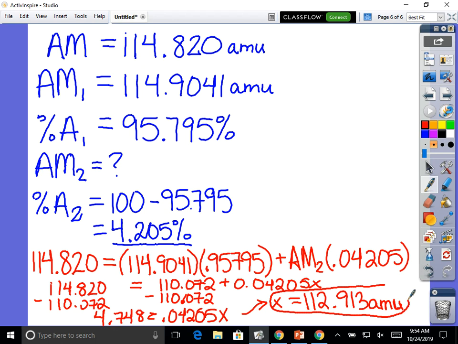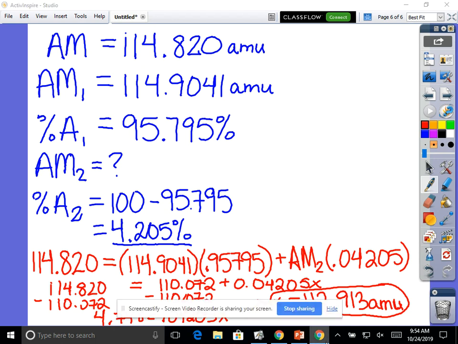And that would be the atomic mass of isotope 2. All right. So that's how you would solve one where you're looking for one of the atomic masses. After this, you have some practice problems to work on. And if you have any questions, come find me and I would be happy to answer them.